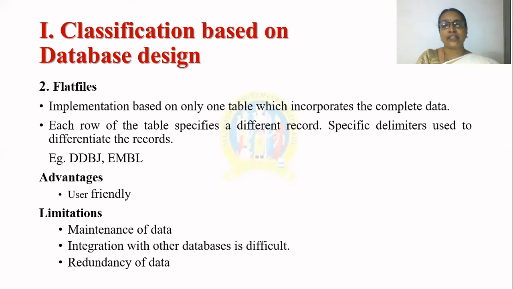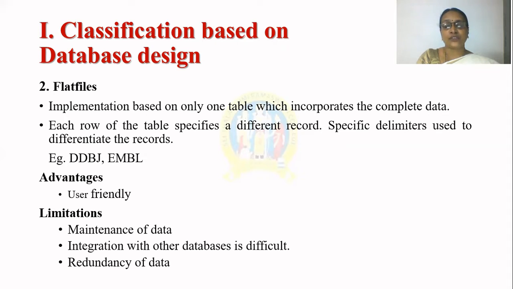Here, the implementation is based on only one table which incorporates the complete data. Each row of the table specifies a different record. There are specific delimiters used to differentiate the records. Examples are DNA Data Bank of Japan and European Molecular Biology Laboratory.